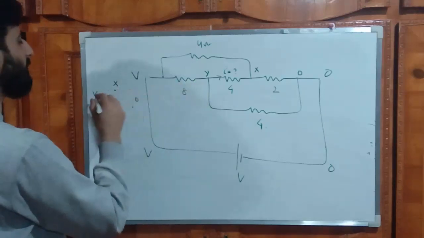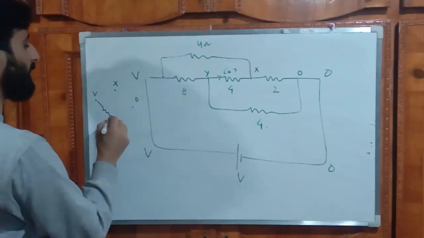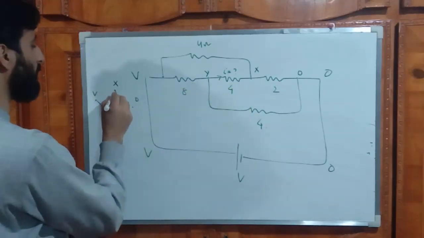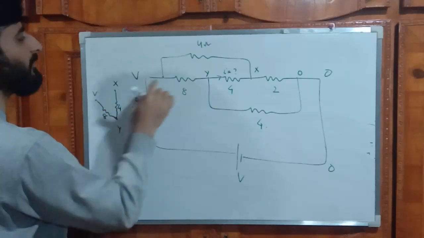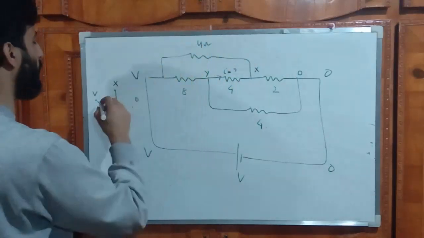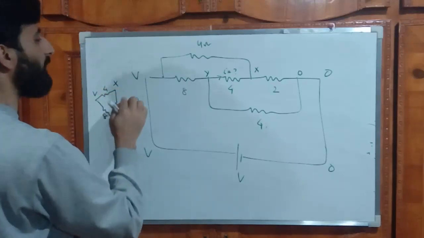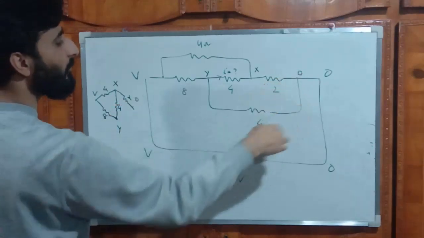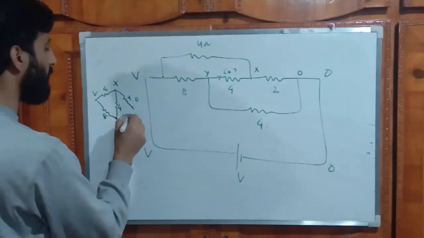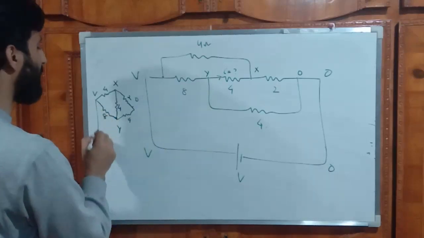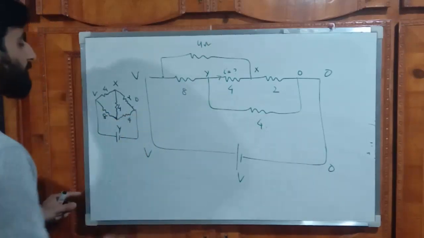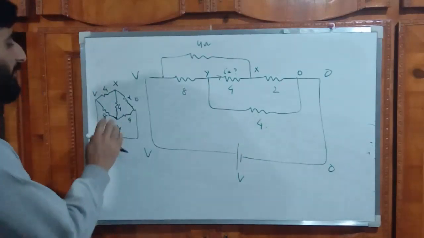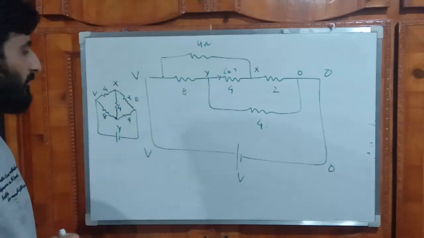So between V and Y there is an 8 ohm resistor, Y and X 4 ohm, V and X 4 ohm, X and 0 2 ohm, and 0 and Y 4 ohms, and the battery is connected there. So let's see, is this a Wheatstone bridge?